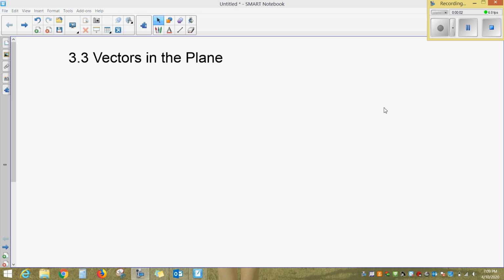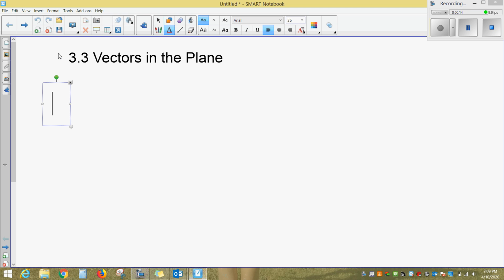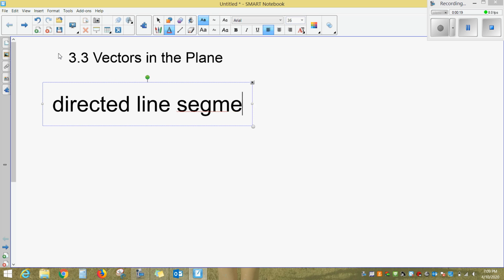Section 3.3 is vectors in the plane, and vectors are very important to us in a physics class, something that will be used on a very regular basis. When we're talking about a vector, what we're talking about is a directed line segment. It's more than just a number.